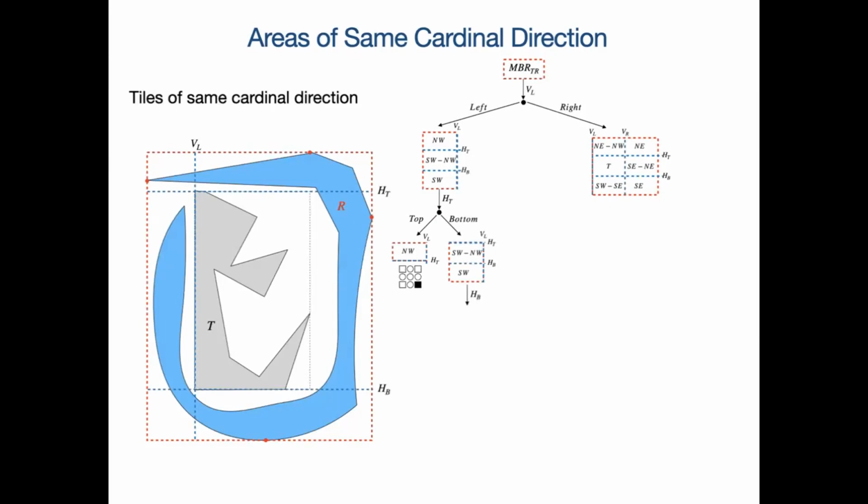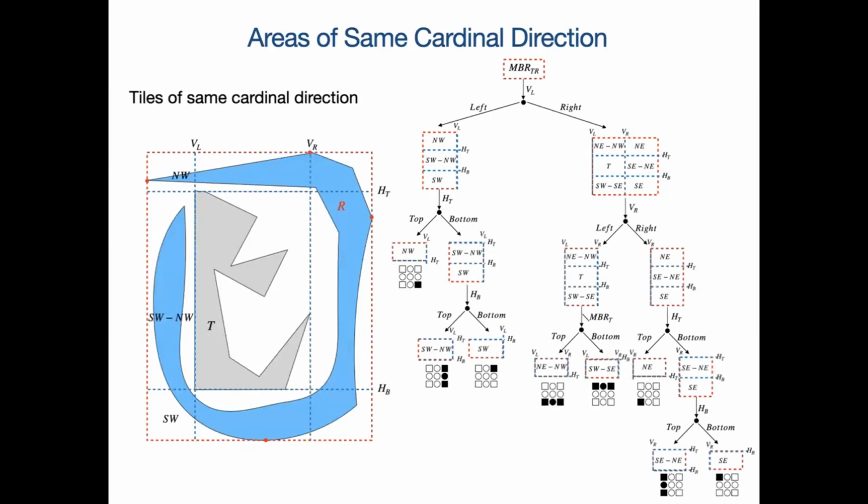You could see the vertical split lines and horizontal split lines have different configurations. And it defines the 8 direction tiles around this exterior. In this, it has unique cardinal directions.